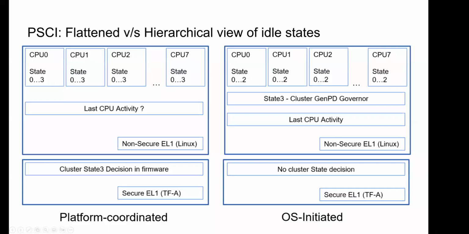In case of OS initiated scheme, the CPU idle governor has responsibility to select only amongst 0 to 2 states, and state 3 is then selected by a cluster or domain idle governor. And the last CPU activity here is a bit easy to achieve, and there is not much role played by the firmware to make a decision of state 3.